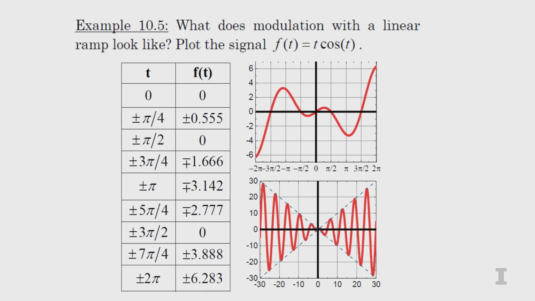Here are the plots with cosine t, and then we scale the amplitude by t. This is just another concept used in signal processing, this idea of modulation. I think that's pretty much what I wanted to say.